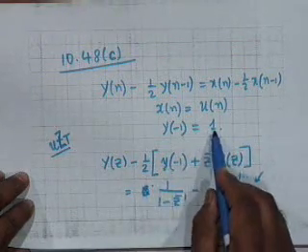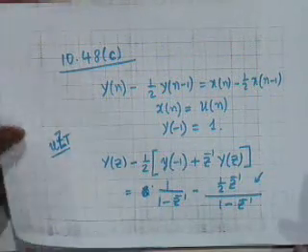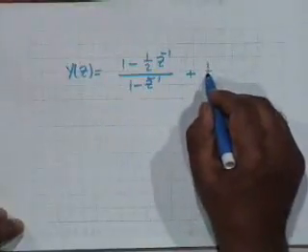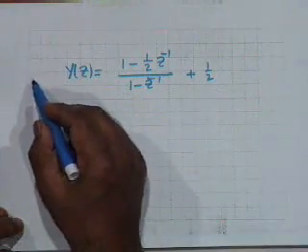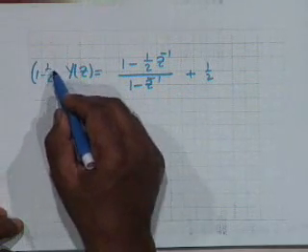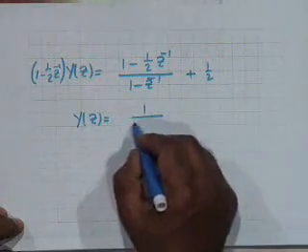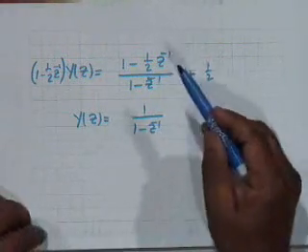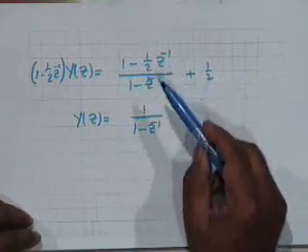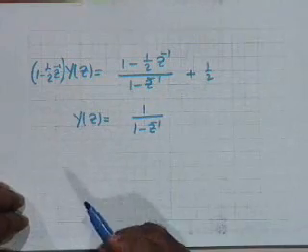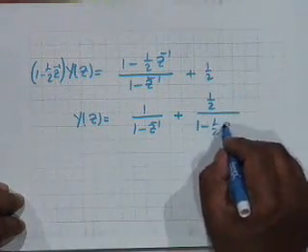Half, and y of minus 1 is 1, so minus half will go to the right hand side as plus half. That's not quite correct. Y of z shall be multiplied by 1 minus half z inverse. And therefore, Y of z is equal to 1 by 1 minus z inverse. Note that there is a pole zero cancellation here. The numerator 1 minus half z inverse cancels with 1 minus half z inverse. Plus half, the other term is 1 minus half z inverse.